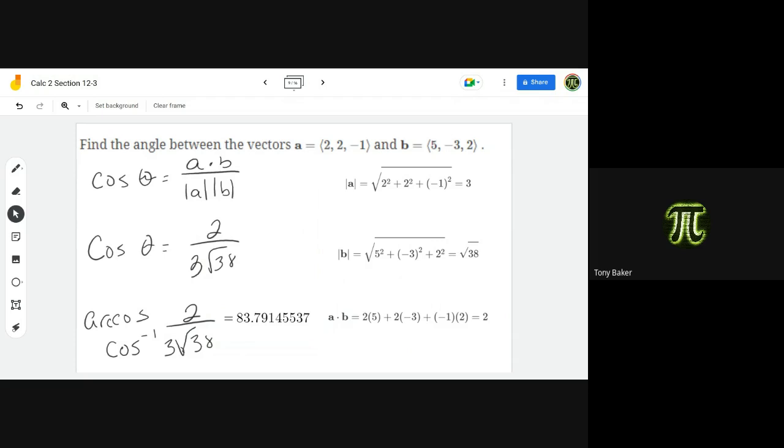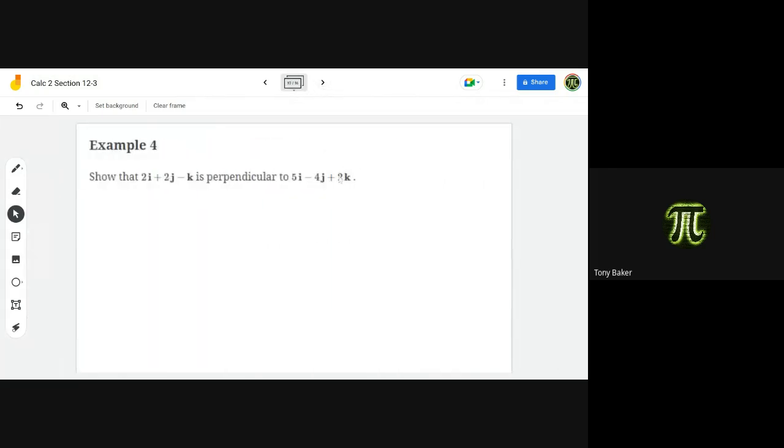What are nice angles that are important to be used in situations? 90 degrees. So, right, we want to know if they're perpendicular. If we're looking at 2 vectors, we want to know if they're perpendicular to each other. That might be helpful, especially if we're using it to find areas and things like that. We need perpendicular lines to be able to do base and height stuff. So determining if 2 vectors are perpendicular is kind of important.